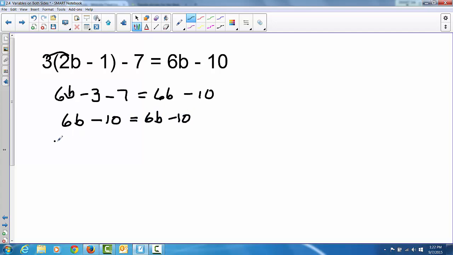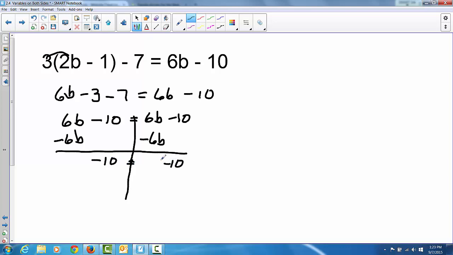So we go minus 6b, draw a line, and minus 6b, new step, that leaves us with negative 10 equals negative 10. And negative 10 is always going to be equal to negative 10.